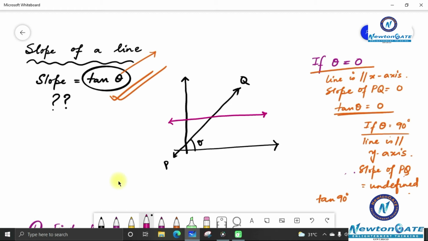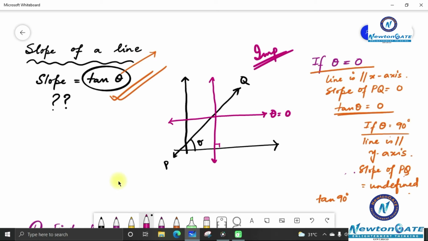It is not inclined with the x-axis, so theta is equal to 0. And when the line PQ is parallel to the y-axis, it looks like this. Again, the angle it is making with the x-axis is 90 degrees and hence tan theta becomes undefined. So these are the two important cases that we have to remember for the purpose of our numericals.